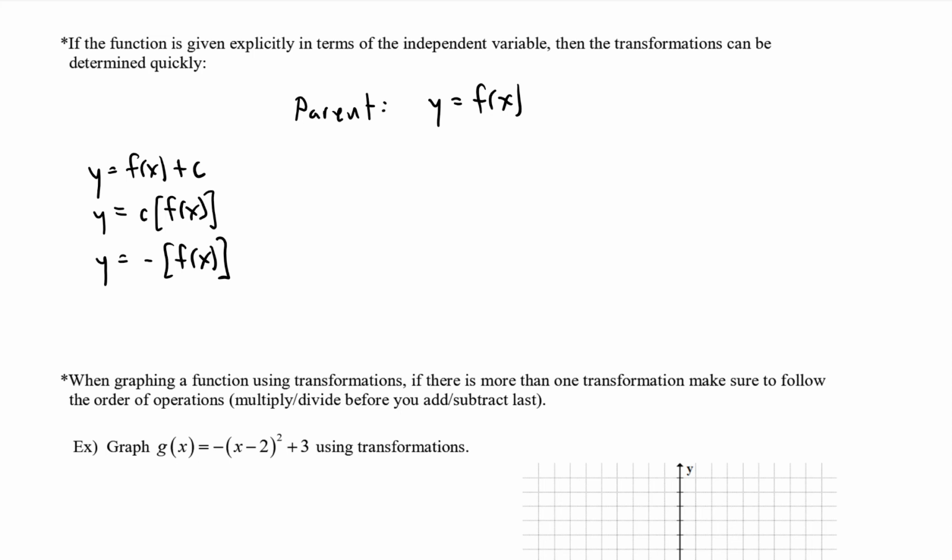If c is bigger than 1 or between 0 and 1, it's a stretch or compress, and then flip over the horizontal axis. That's 5 right there. And then for these, you just do exactly what the arithmetic says.